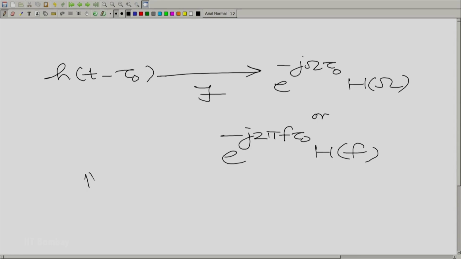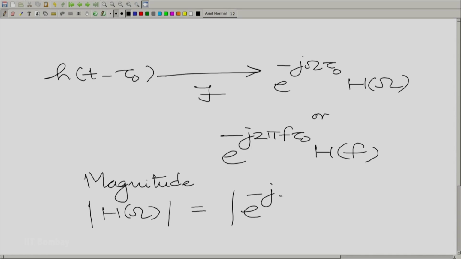So, essentially the magnitude mod H omega is the same as the magnitude of e raised to the power minus j omega tau 0 times H omega.